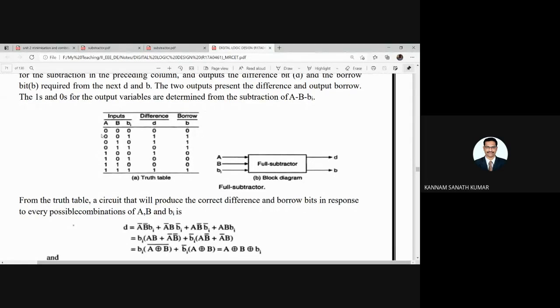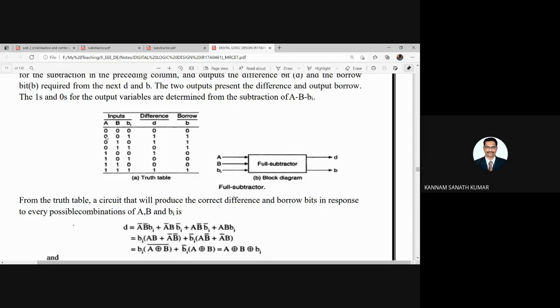Okay. So these are the possible combinations: 000, 001, 010, 011, 100, 101, 110, and 111. So it starts from 0 to 7. So 000 is 0. Like this. If you observe the first thing, 0 minus 0 is 0, so you are getting the difference 0, borrow 0.